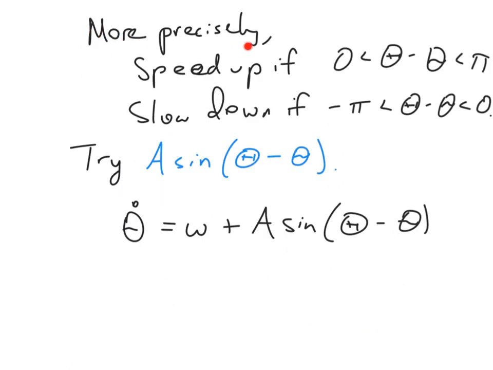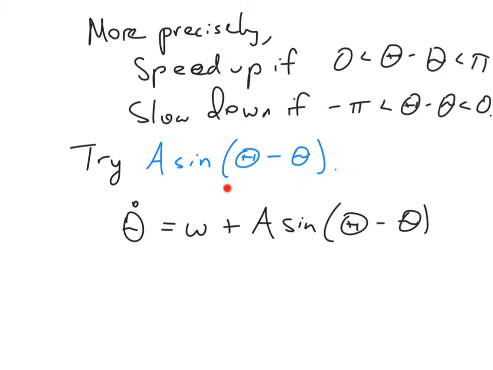To make that more precise, we're going to speed up if the phase difference is between 0 and pi, so the reference is a bit ahead, and we're going to slow down if the phase difference is between negative pi and 0, so the phase difference is a bit behind. A function that does this very naturally is a sine of phi minus theta.